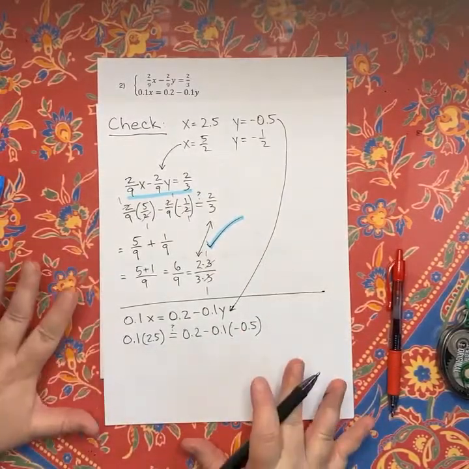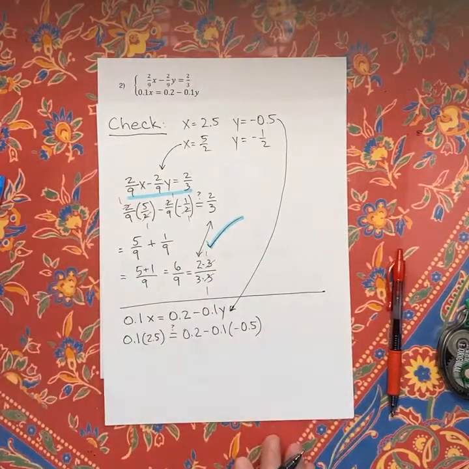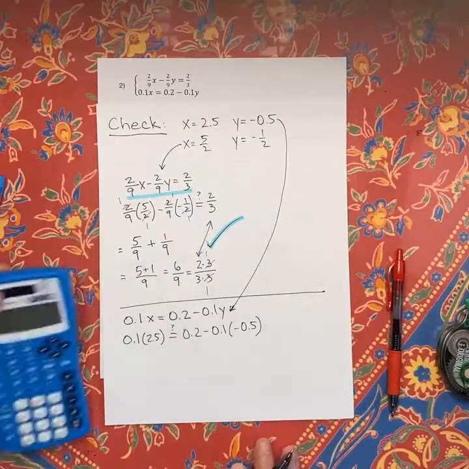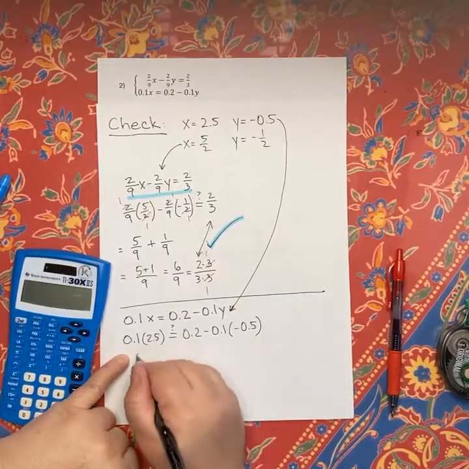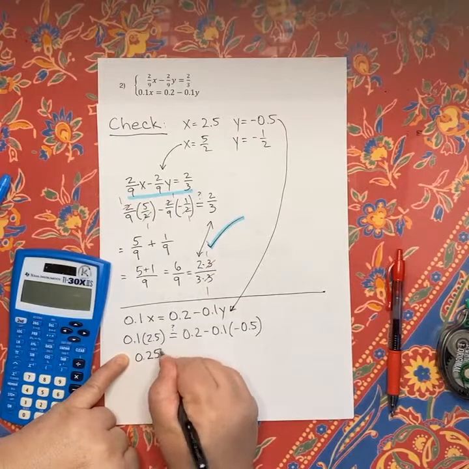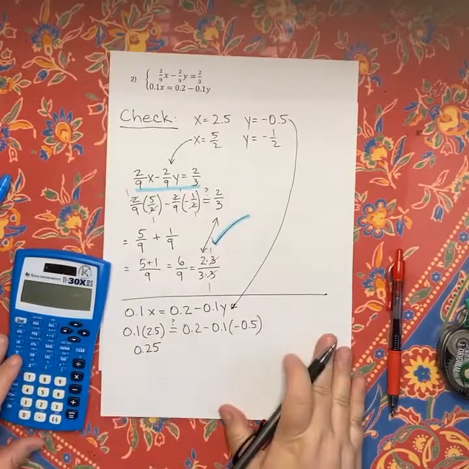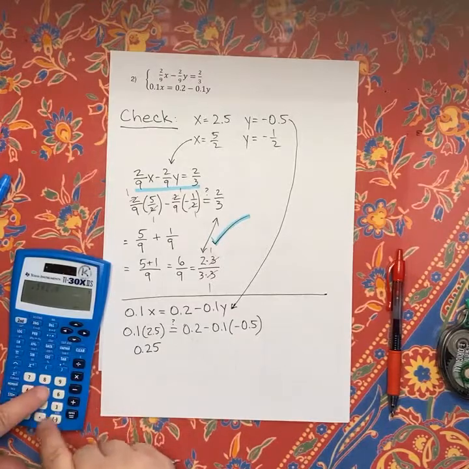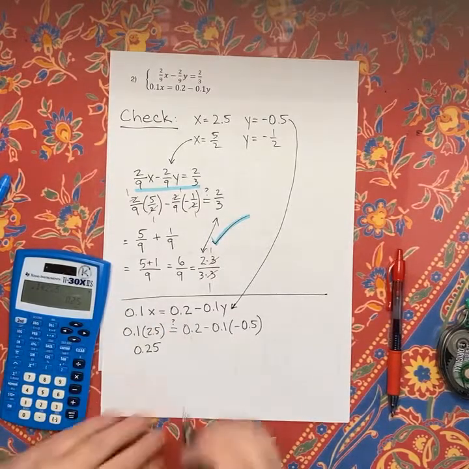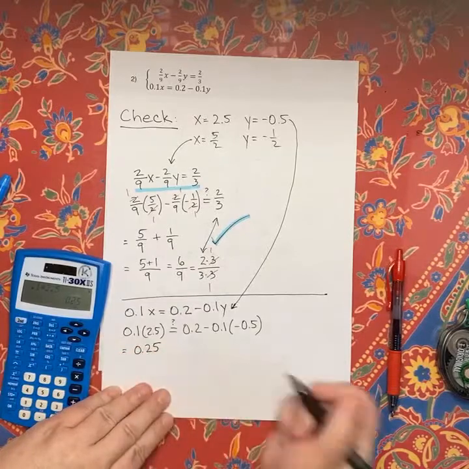So even if I wanted to clear decimals, I'm not allowed to. So I'm probably going to pull out my calculator, or, 0.1 times 2.5 just means that you move the decimal point. But if you're not sure, 0.1 times 2.5, 0.25. Okay, so the left side is 0.25.